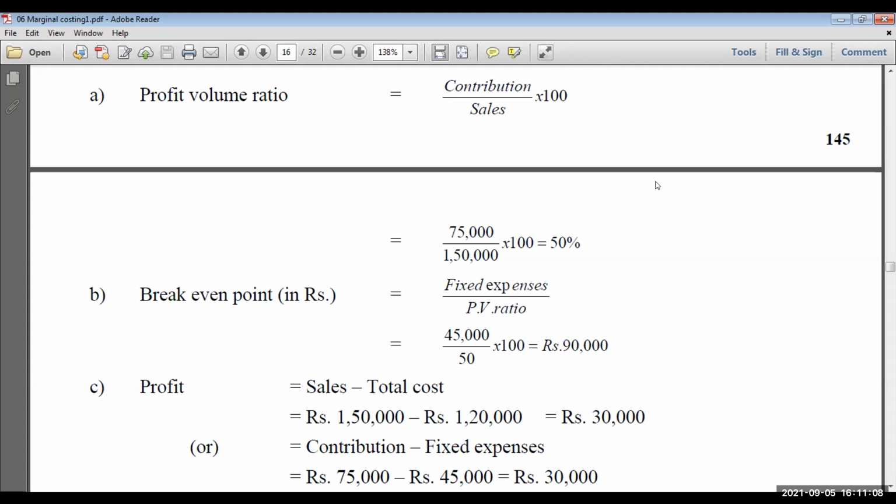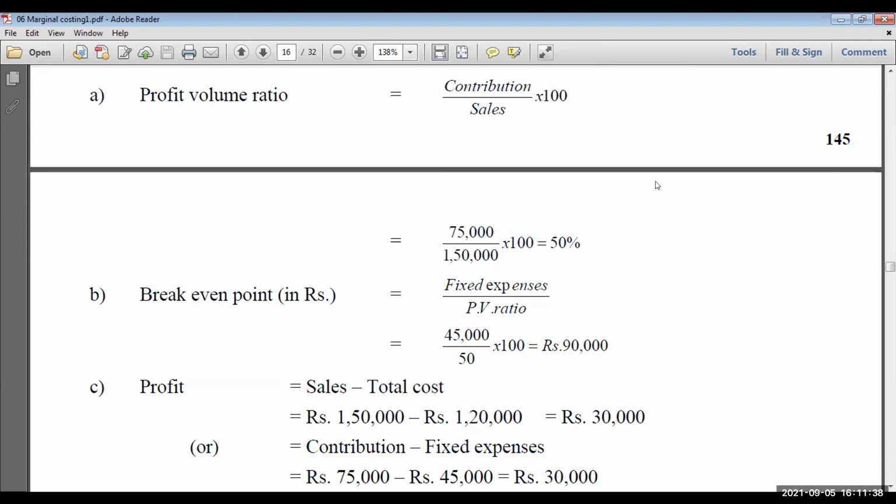Can you give access to share my screen? What's your name? Murugeshan. Now we check.